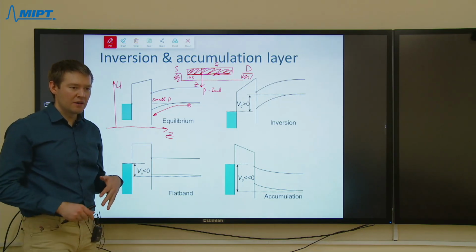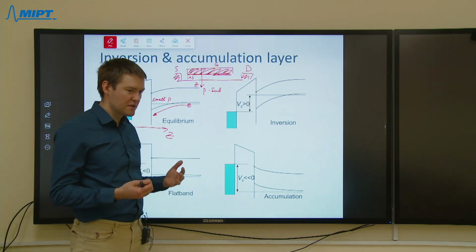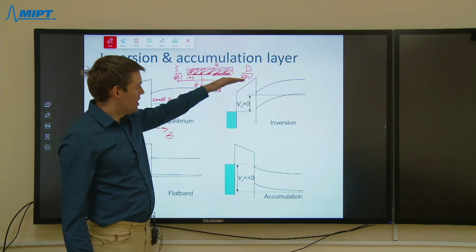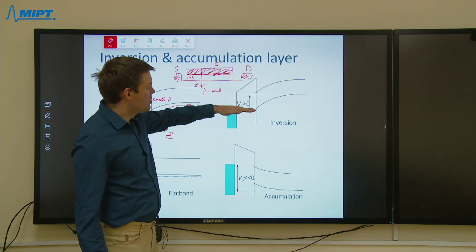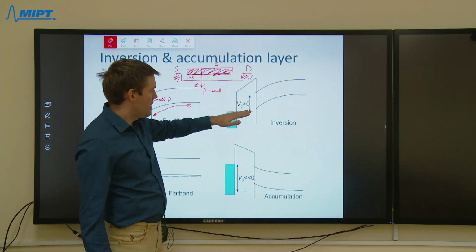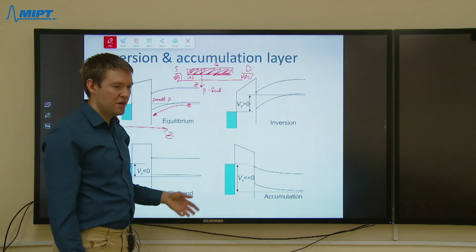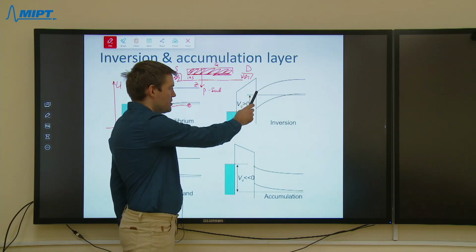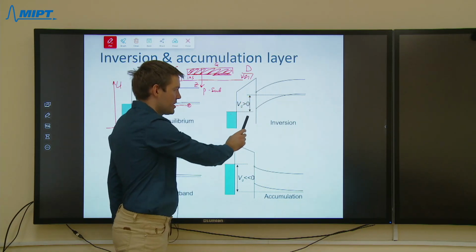Now, how can we intensify this process? We can apply positive voltage to the gate. Applying positive voltage to the gate, we reduce the potential energy of electron at the metal layer, and since the electric potential is continuous, the potential energy is reduced everywhere in the semiconductor.